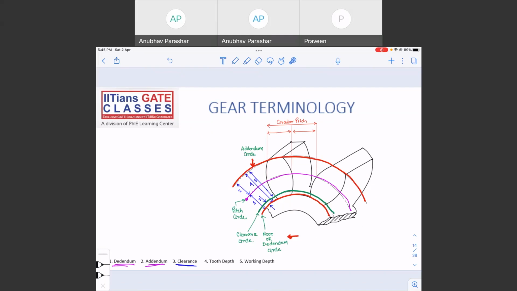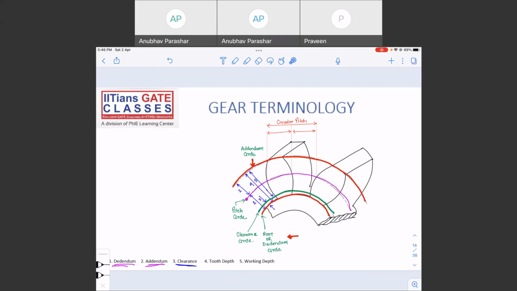The total depth from the addendum circle to the dedendum circle is the tooth depth, and tooth depth minus clearance, the distance between the addendum circle and the clearance circle, is called the working depth.